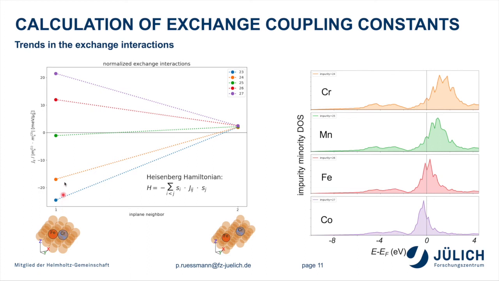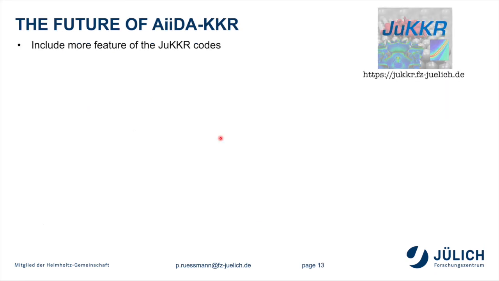You can clearly see this chemical trend where the exchange coupling constants vary strongly in their size and even change sign once we go through the filling in the minority density of states that we have seen earlier.